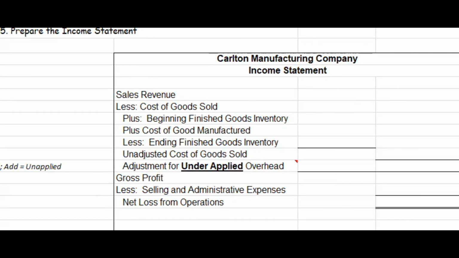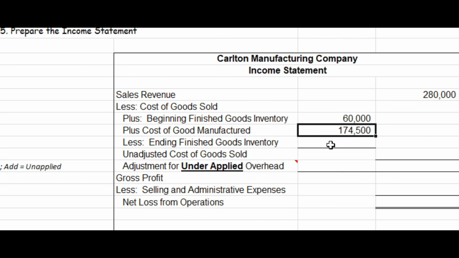The last requirement of this problem was your income statement. Your sales revenue was given to you in the T account for revenue, $280,000. Now just pull over from your T account's cost of goods sold, your $60,000. Your cost of goods manufactured came from the report you just finished in requirement number 4. The total was $174,500.